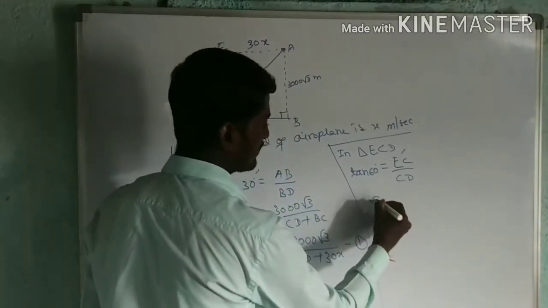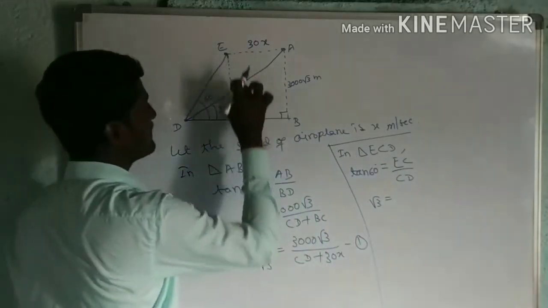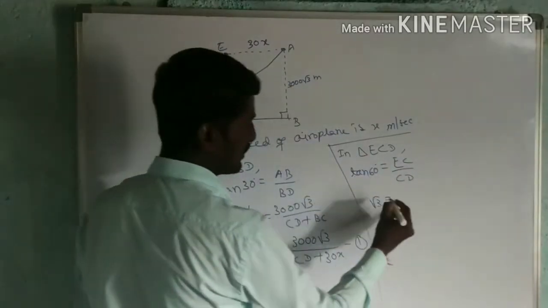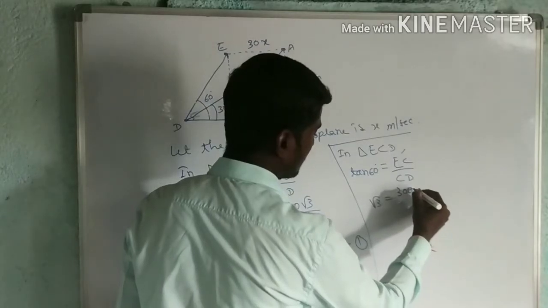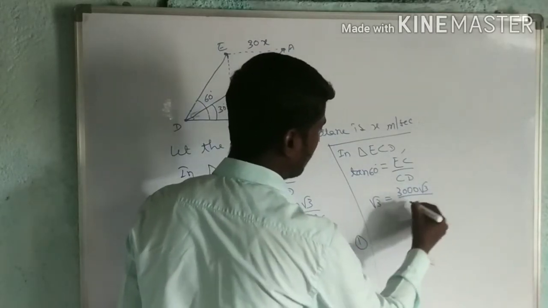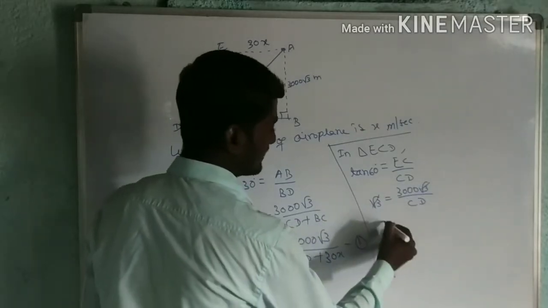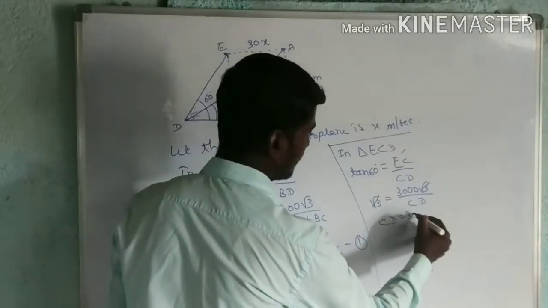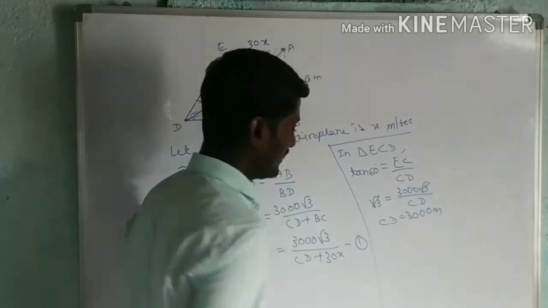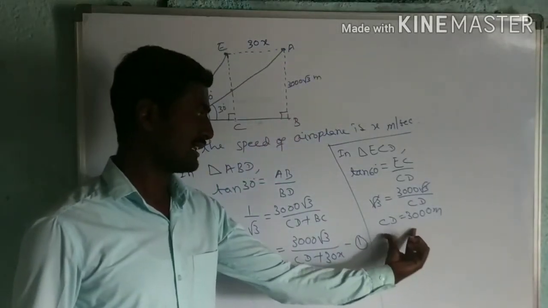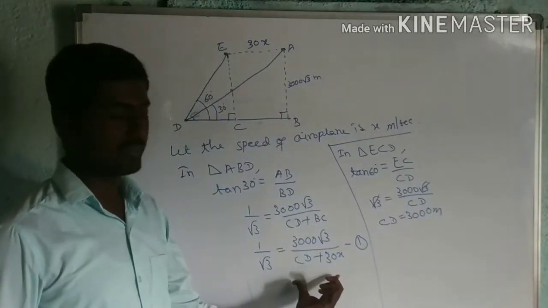Now tan 60 is root 3. EC is nothing but 3000 root 3 meters, the constant height. So root 3 equals 3000 root 3 divided by CD. Root 3 will get cancelled, so CD is equal to 3000 meters. Now I can substitute this 3000 meters in equation number 1.